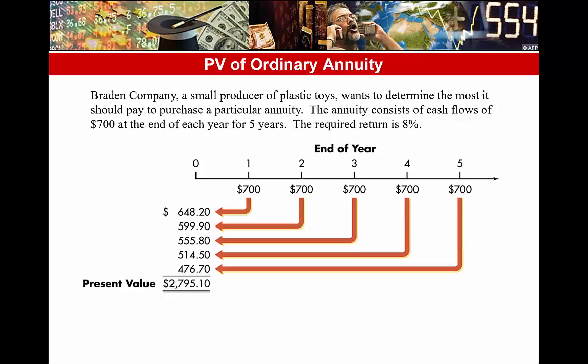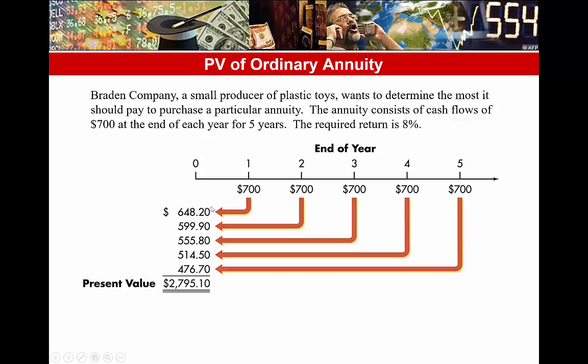So in this example, in order to calculate the present value of the stream of cash flows, we are going to discount each cash flow that is going to be received sometime in the future to time 0. The opportunity cost is 8%, meaning that if the company had an X amount of money today, it could invest that amount to earn an 8% return.